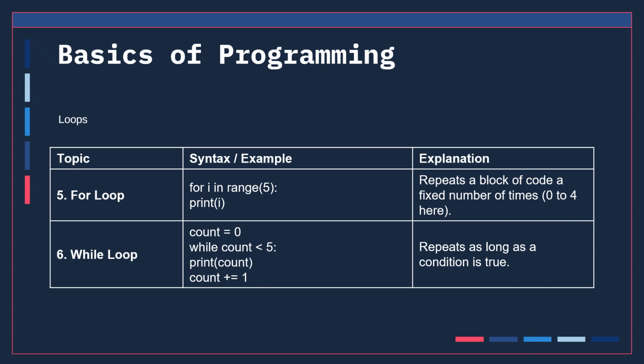So 5 means there will be 5 iterations. It starts from 0 to 4. So it prints the values from 0 to 4, with 5 iterations. And in the while loop, here I didn't mention how many iterations. I just start the value from 0 and end at 5.